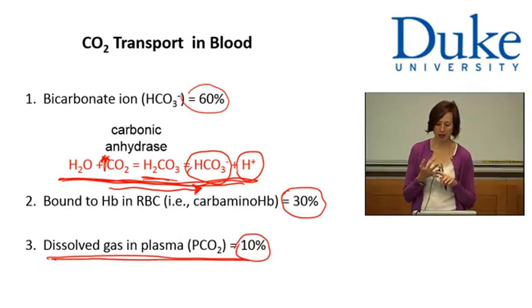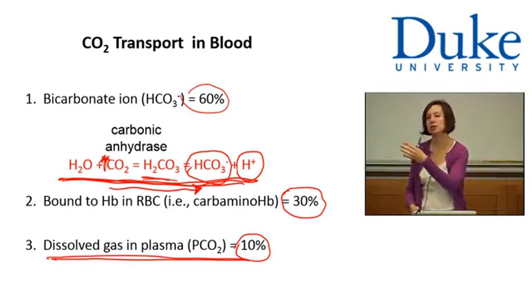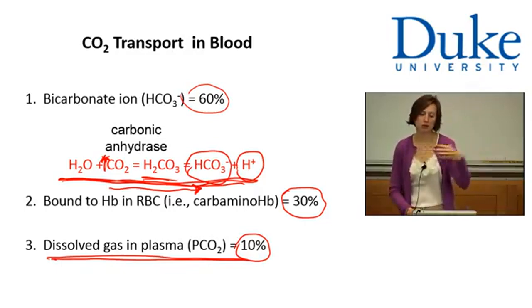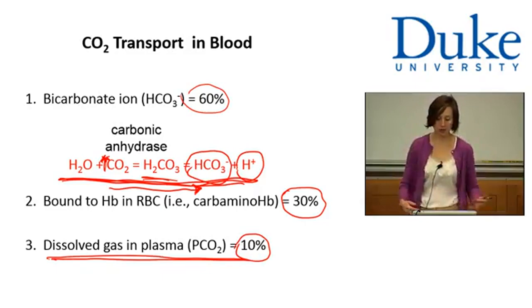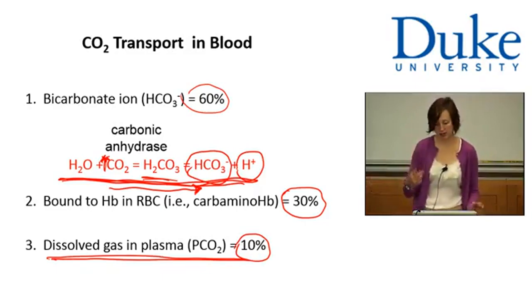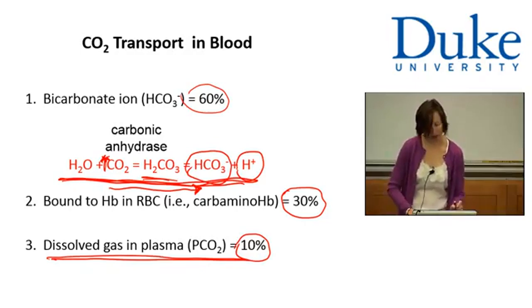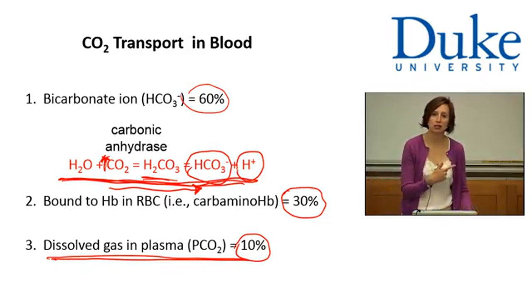So keep in mind that an increase in CO2 is going to cause an increase in bicarbonate and an increase in protons. Similarly, if we have an increase in protons, then we're going to move the set of reactions this way, and we're going to have increased CO2.